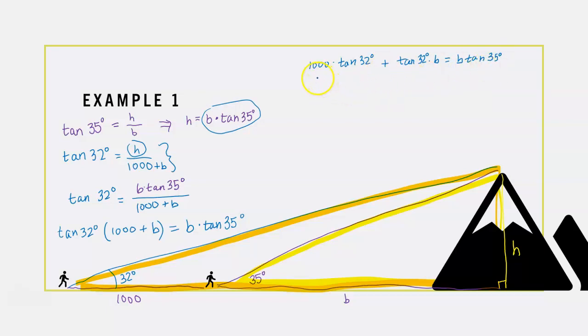I'm going to subtract my b's over so that I have all my b's together, and distribute the b out. And then I'm going to divide to get b by itself.